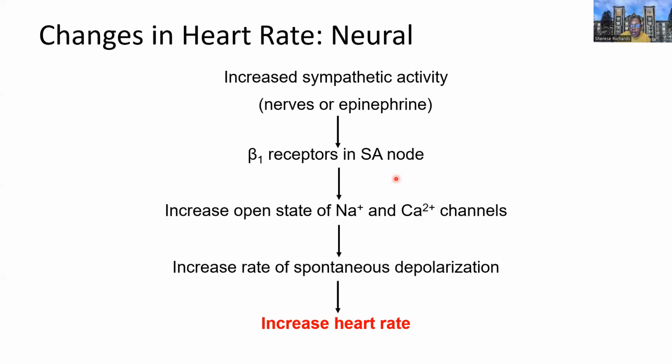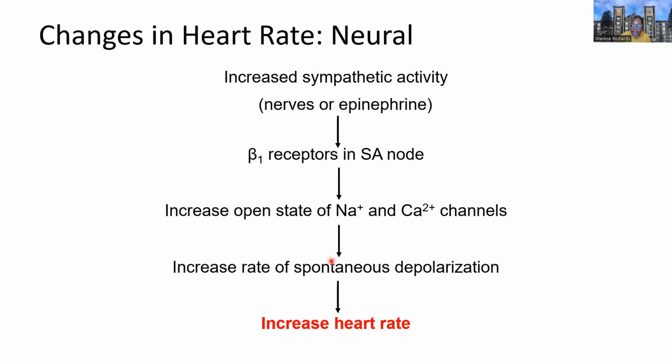Okay, and you should recall the mechanism behind this. Remember, this is cyclic AMP, adenylyl cyclase. We talked about the whole signaling cascade that would actually bring about this response. The end result that we're going to see here on the cardiac SA nodes will be an increased rate of depolarization.